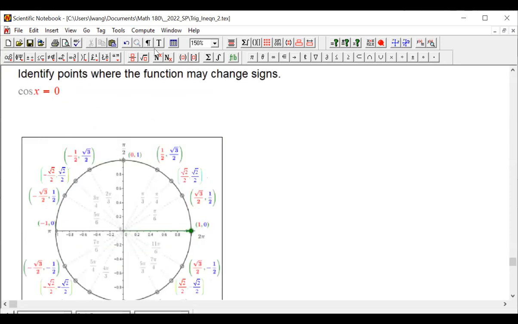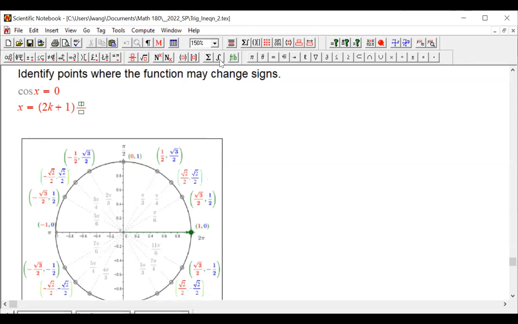So cosine x changes sign at what? At odd number multiples of pi over 2. This is the domain of tangent, right? Tangent equals sine over cosine. So the domain of tangent is x cannot be equal to, right?